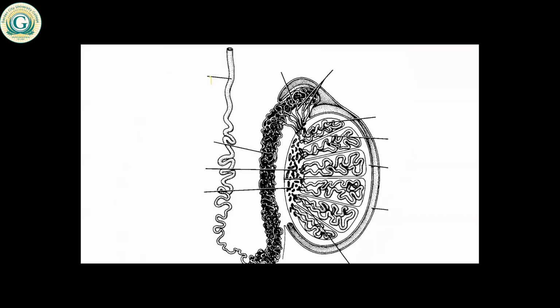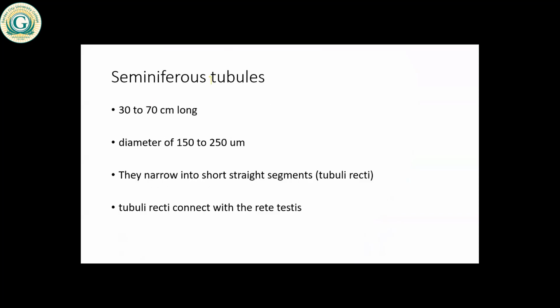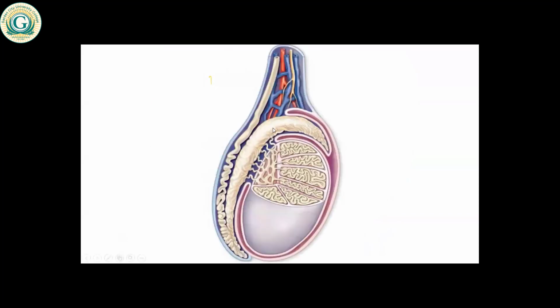So from the seminiferous tubule, you come to these straight ones. You see, there are straight ones here. From the tubule, a straight one. We call it straight tubule. From seminiferous to straight tubule, and this is called rete testis. Rete testis. Okay. And then we go to the ductus.